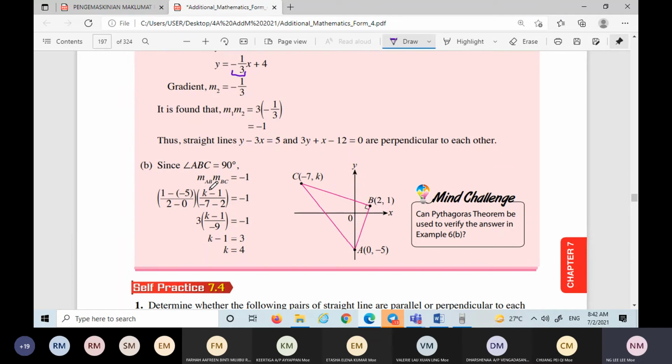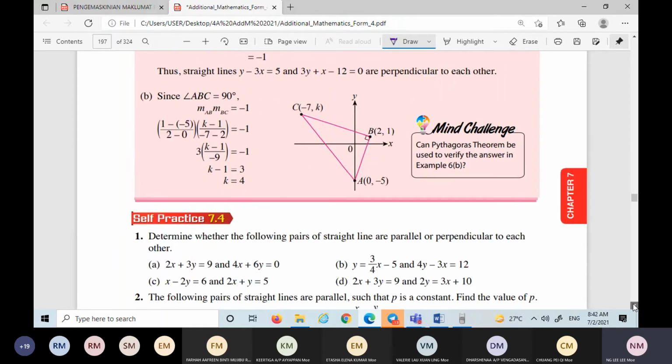For the gradient of AB, you use y2 minus y1 over x2 minus x1 to get it. The gradient of BC, the same thing, use the same formula. Then you solve it and you will get k is 4. So this is example 6.